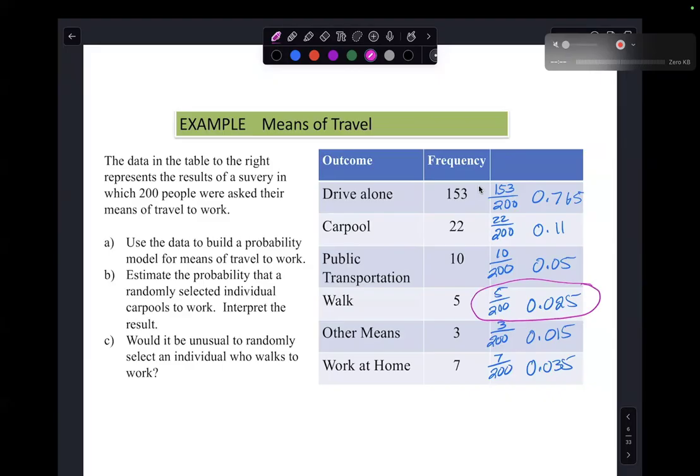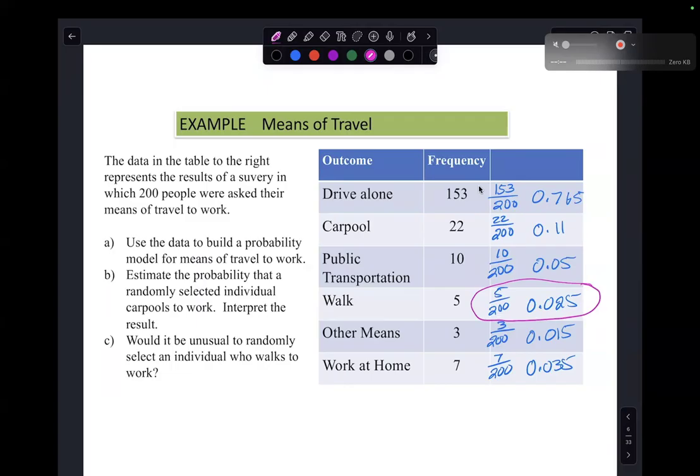Oh, I forgot on B, it said to interpret the result on the carpooling. Basically, what that means is if I randomly selected any human in our population, there's about an 11% chance that person is a carpooler. But that's pretty much what B says. So I don't know exactly what they're looking for here. Questions on this before we move on?